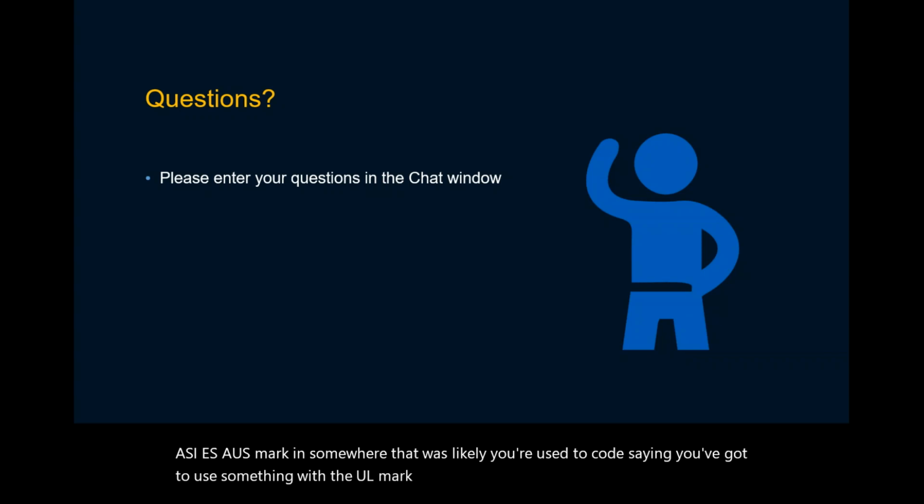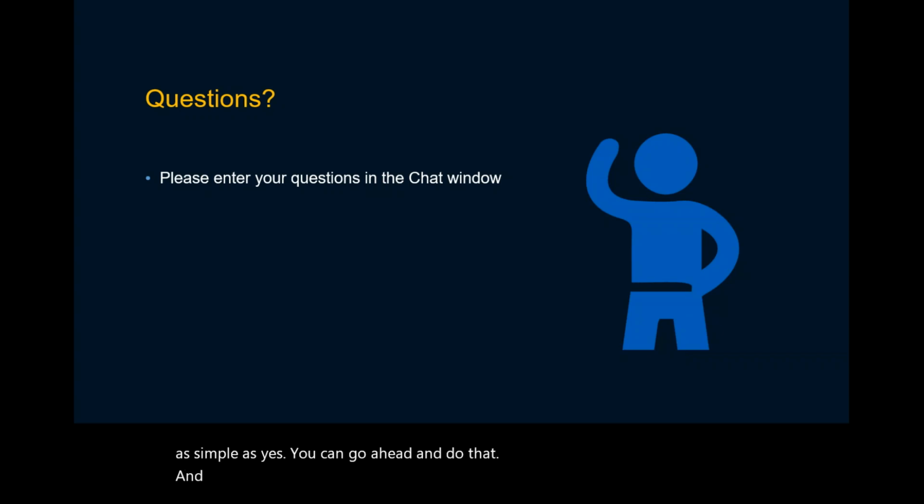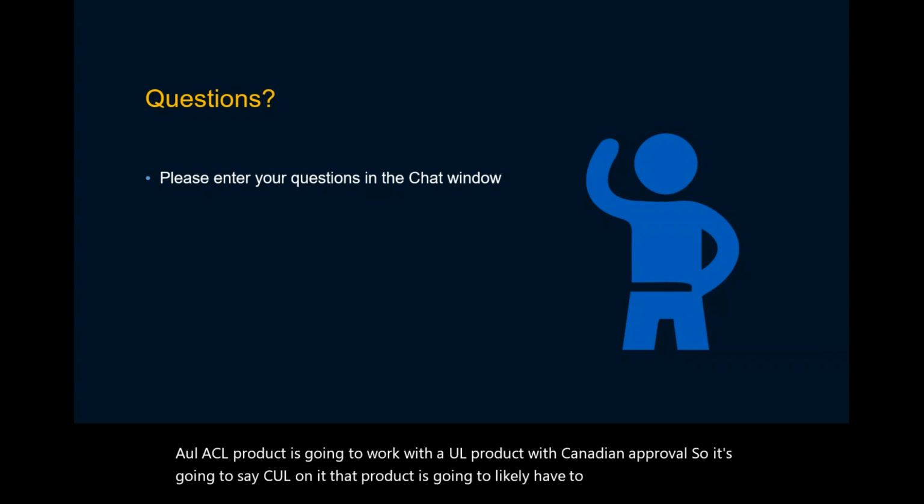Unfortunately, I can't just say something as simple as yes, you can go ahead and do that. The reason is because the standards that a CUL product, a UL product with Canadian approval, is marked with... wait, I'm sorry, let me turn that around.